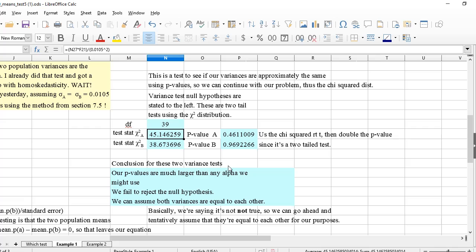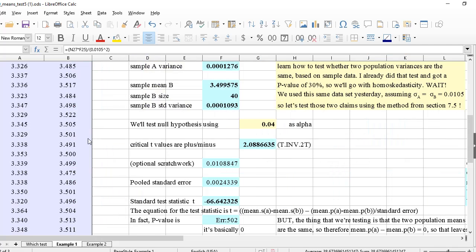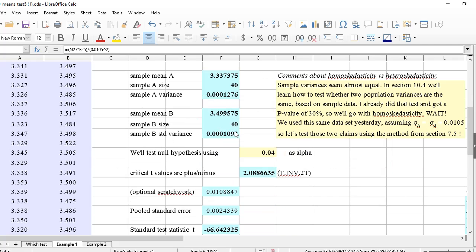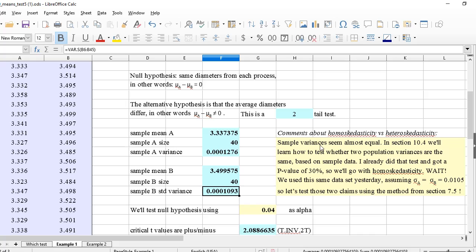And then you'll do that for both of your standard deviations, which are already previously calculated over here. They are given to us using the VAR.S of each data set.